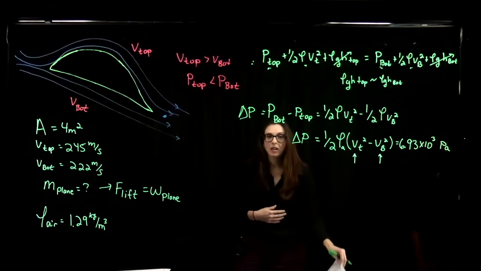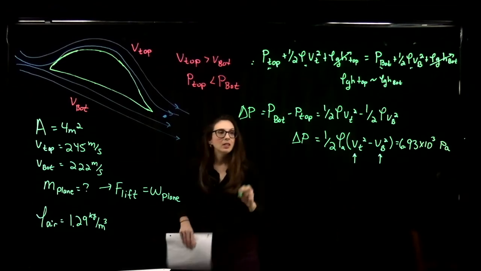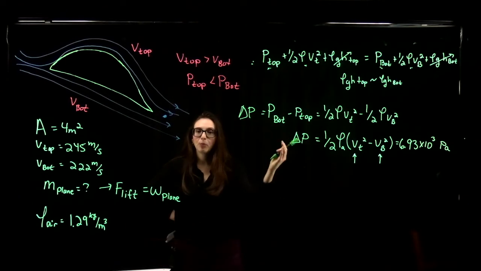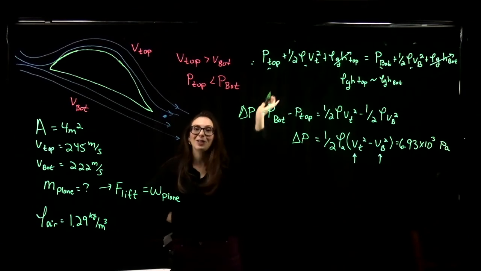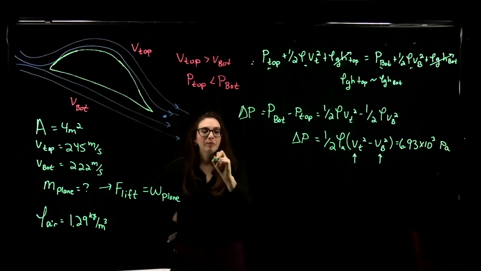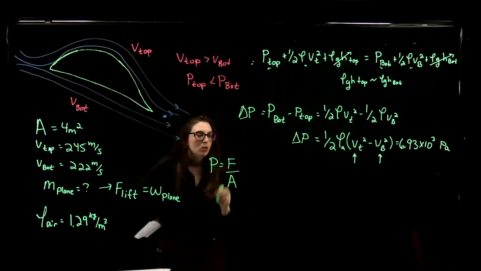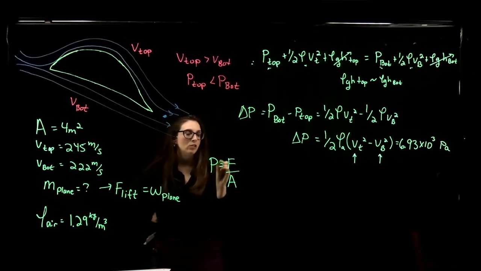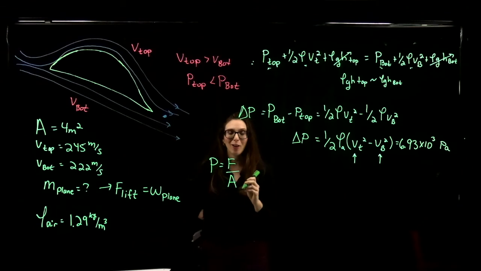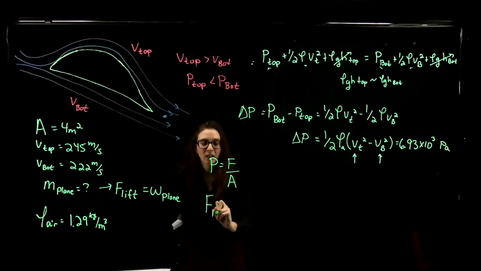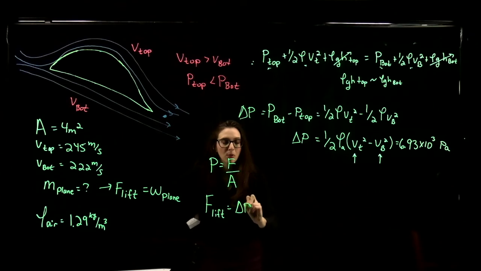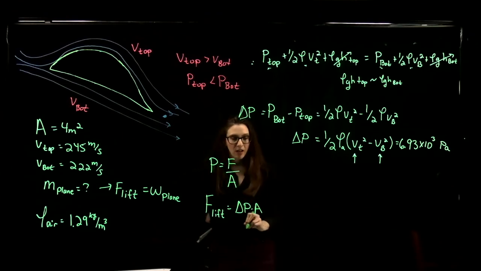Now we need the force for lift. So we know that it's this pressure difference across the wing that's giving us the lift force on the plane to lift it up. So we know that pressure is equal to force over area. So if we solve this equation for force, that's our lift force. F lift is equal to this change in pressure times area, okay?